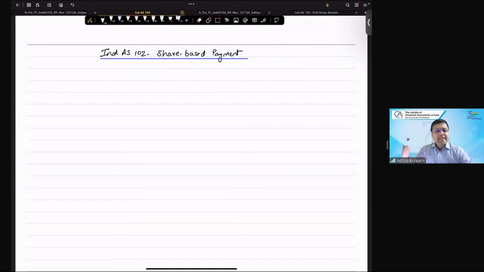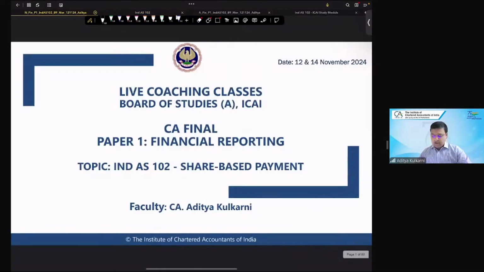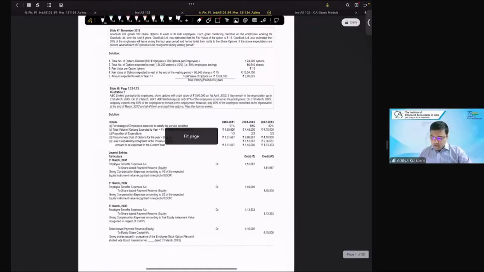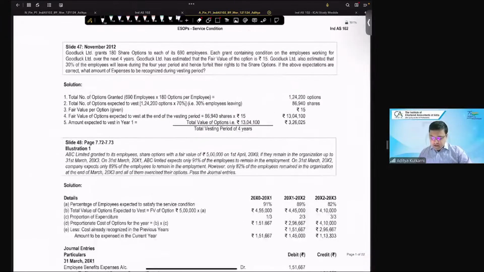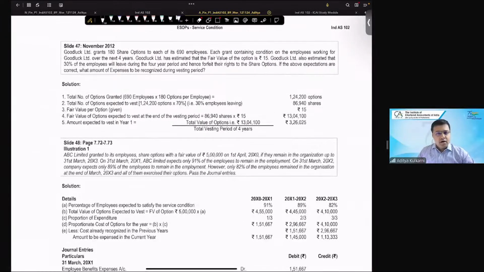So now, why is this so important? It is because there are a lot of computational aspects in this particular standard. If you have checked the Board of Studies portal, I have uploaded the presentation for today's and the 14th session on share-based payments. I have also uploaded in the assignment section the questions that we are going to discuss, which contain the solutions also.